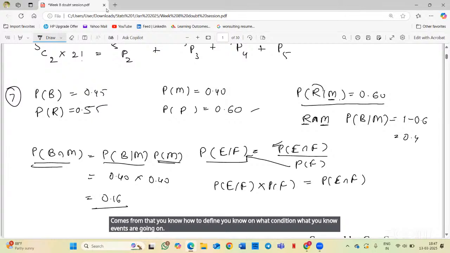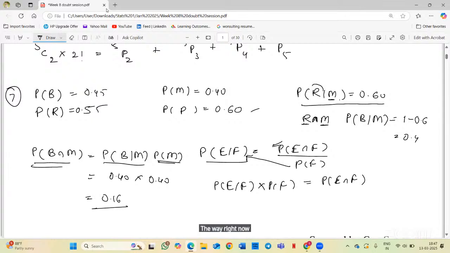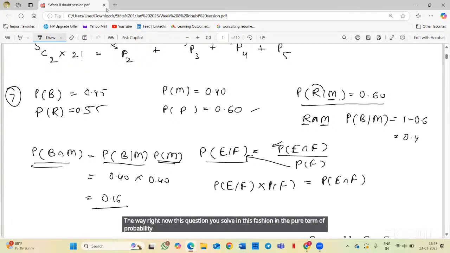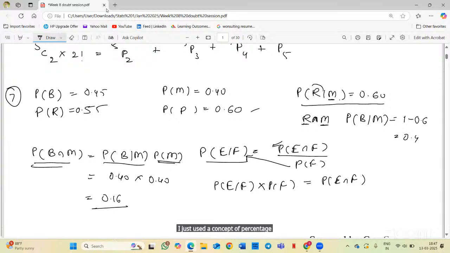The way you solve this question is in the pure terms of probability. But the way I solved it, I simply drew a table where metal and plastic are in a 40-60 ratio. Out of metal, 40% are blue balls. So I just used the concept of percentage. This is how I calculated.